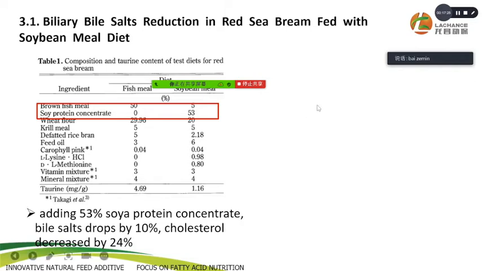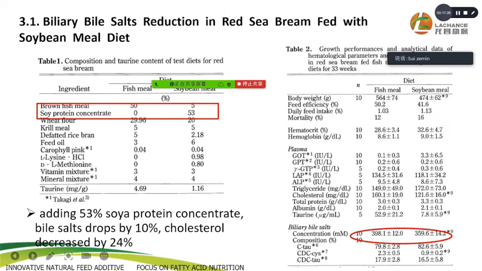fish meal. But finally, we found, okay, fed with a high percentage of soybean meal, the body weight of the fish decreased by almost 20%. Feed efficiency decreased by 16%, and the daily feed intake increased. Of course, the mortality also increased.